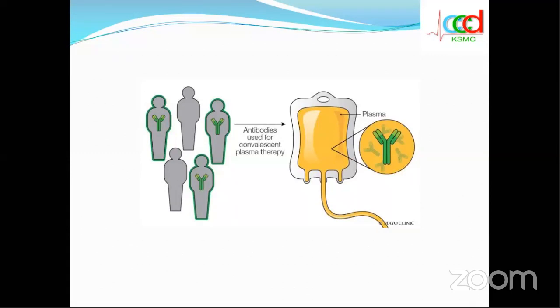So this will be convalescent plasma ready to give to patients infected with COVID-19, who do not yet have immunity to the virus. So we are using this convalescent plasma from recovered patients to give to a patient infected with COVID-19 to help him fight the virus. Next.